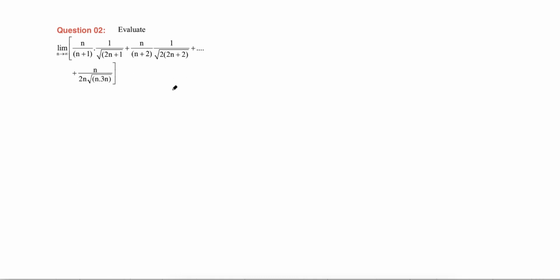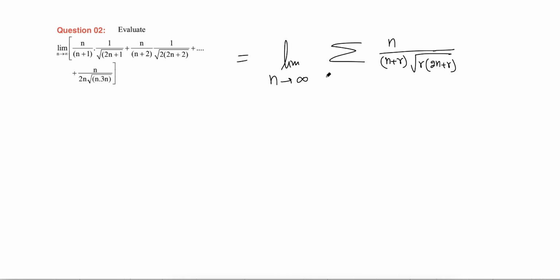See, when such a kind of question comes, first convert it into the form of sigma, and 90% of your problem will be solved. N tending to infinity, this is the sigma, n by n is there in the numerator, very good, divided by n plus 1, n plus 2, so n plus r into root of 2n plus 1, 2 into 2n plus 2, so root of r into 2n plus r. Check, did I do it correctly?